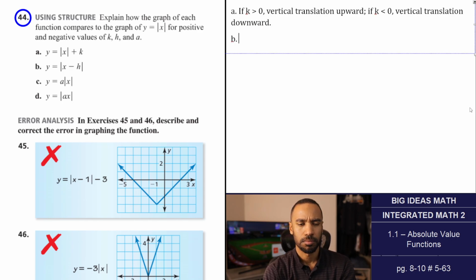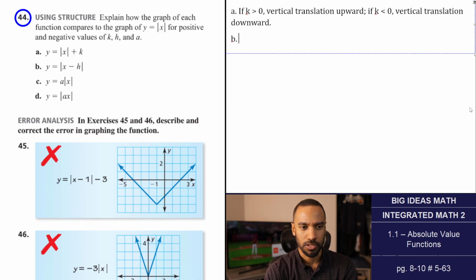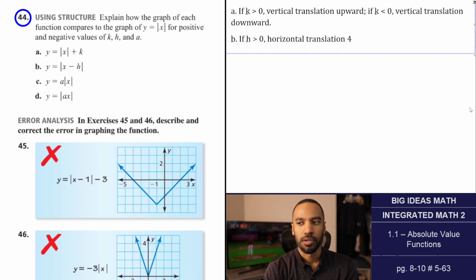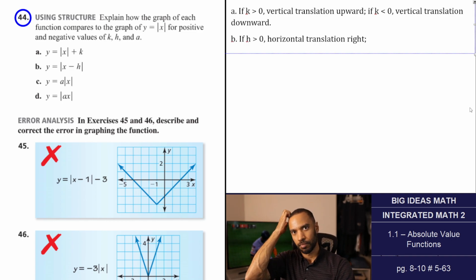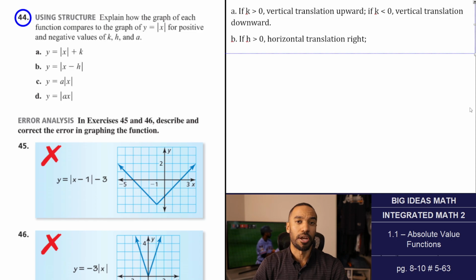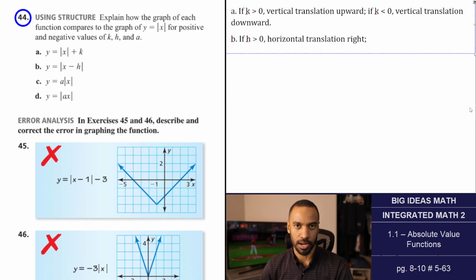Make sense? All right, B, x minus h. If h is positive, horizontal translation to the right. Now, this is almost like when I said compression is a courtesy. If I use a fraction, like 2/3, that means it was a compression anyway.